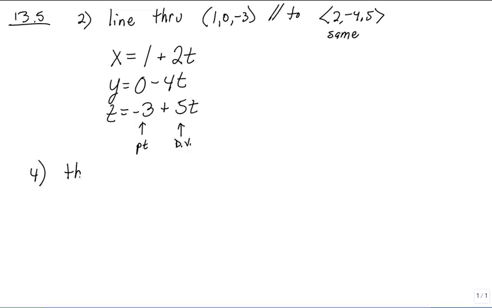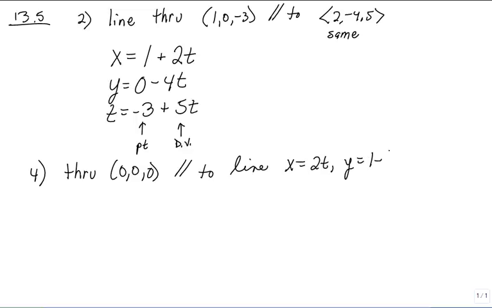So I want the equation of the line through the origin, parallel to the line x equals 2t, y equals 1 minus t, z equals 4 plus 3t. So again, it's the same direction vector. Just use dv for the direction vector of this line, which is (2, -1, 3).